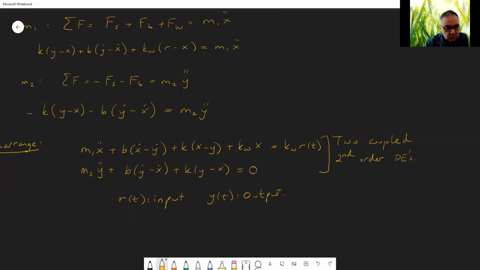One thing I want you to note is the following. This is the equation for the x coordinate, and this is the equation for the y coordinate. The highest derivative term is x here, and the highest derivative term is y in the second equation, as you see.